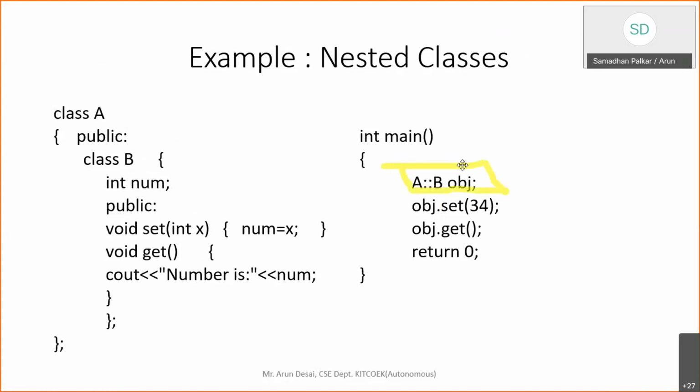So this thing is important to access, or by using the inner class and outer class relation, how to create an object. For that, you need to use a fully qualified name, or you can say the outer class, scope resolution operator, inner class, and then create an object for the inner class, and on the object you are going to call functions, right?